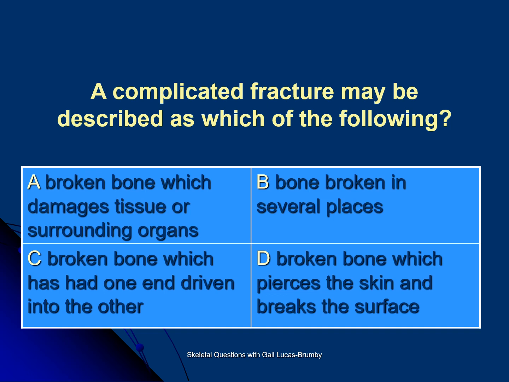A complicated fracture may be described as which of the following? A, a broken bone which damages tissue or surrounding organs. B, a bone broken in several places. C, a broken bone which has had one end driven into the other.